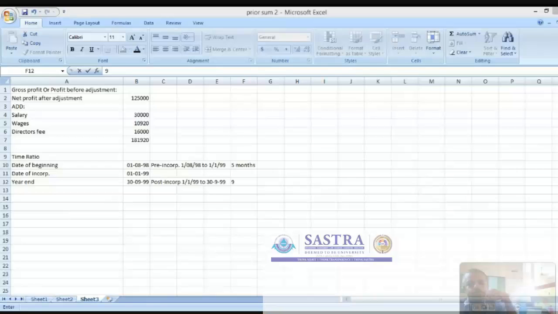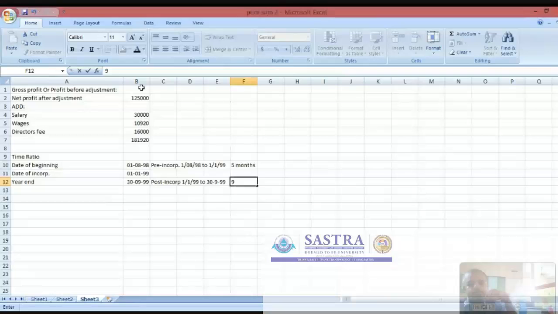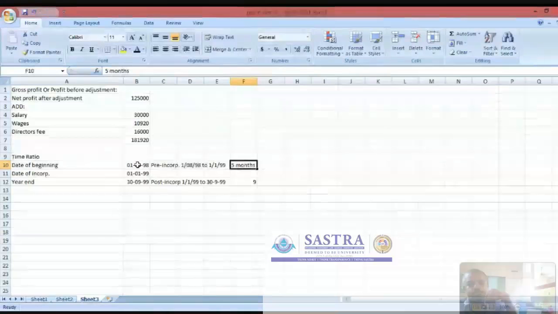The Mukesh Limited was registered 1/1/98. Yes, correct. Commencement is going to be 1/10. Starting from 1/10. So it's going to be 3 months.